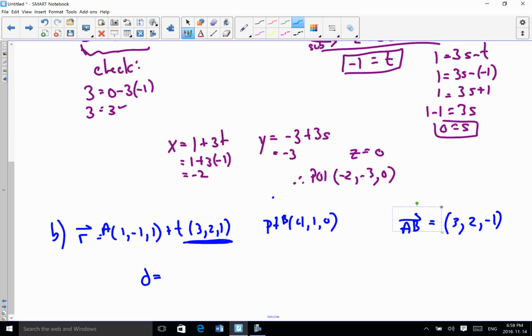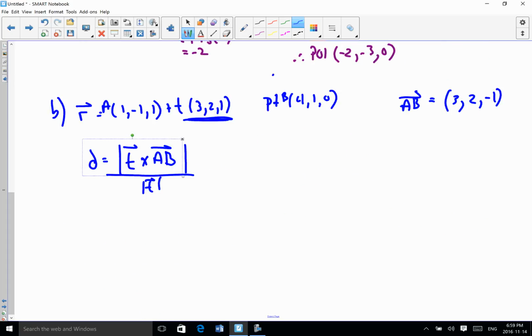Okay, so then when I go to do my normal, my cross product, I now have one direction, which is T, crossing AB. We know our distance will be the magnitude of that over the magnitude of our initial direction, which is T.